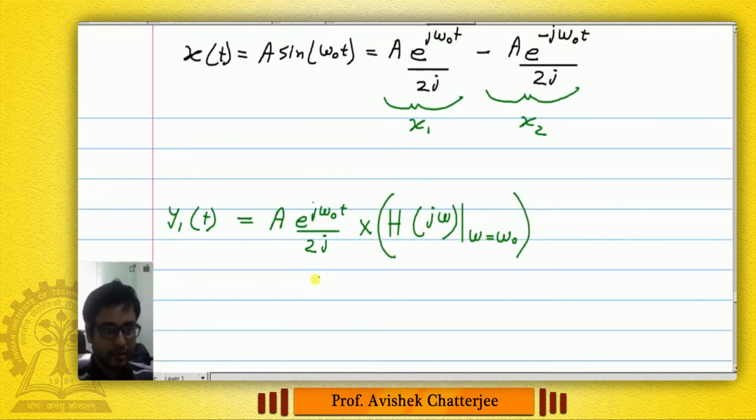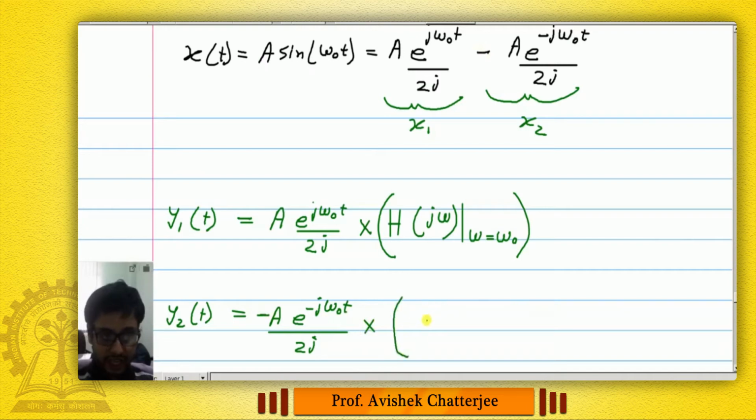In the same way, the output y2(t) for the x2 input will be a e to the power minus j omega naught t by 2j, with this minus sign, multiplied with a constant which is H(j omega) evaluated at omega equal to minus omega naught.